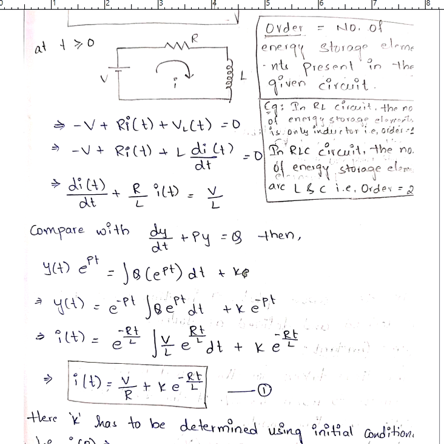We have expressed this as a proper homogeneous equation so that we can compare it with dy by dt plus py is equal to q. This kind of equation has a direct solution, which is y of t is equal to e power minus pt integral q e power pt dt plus k e power minus pt, where p is the coefficient of y and q is the right hand side term.